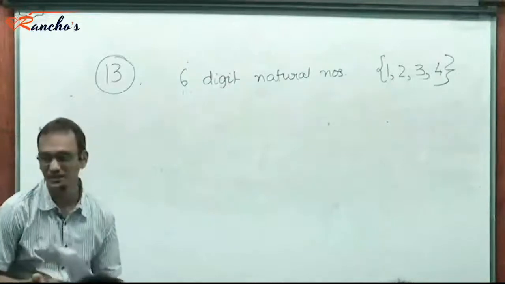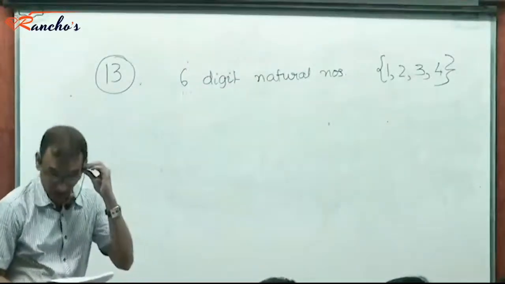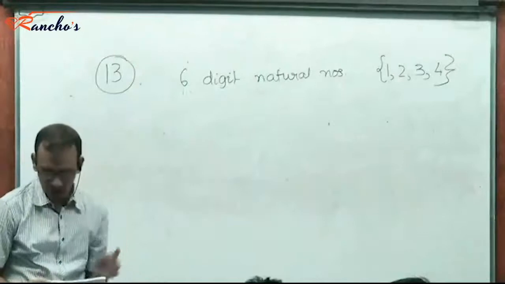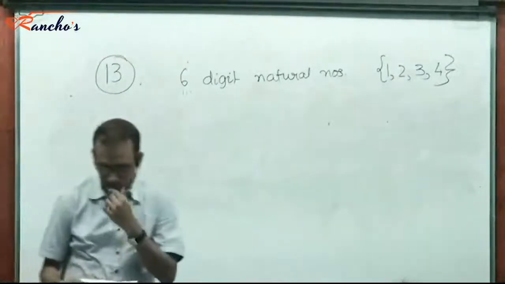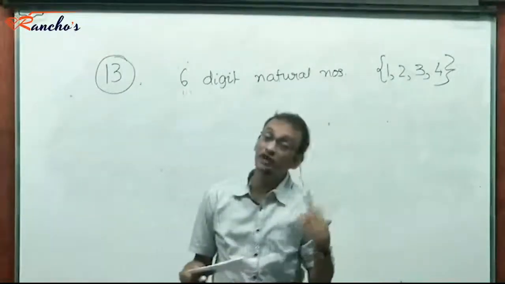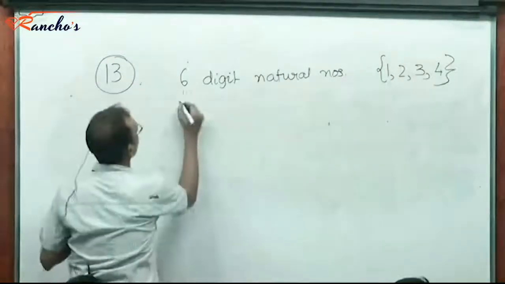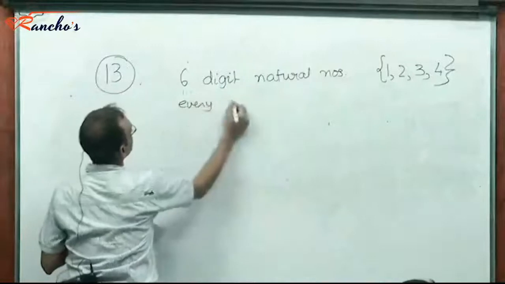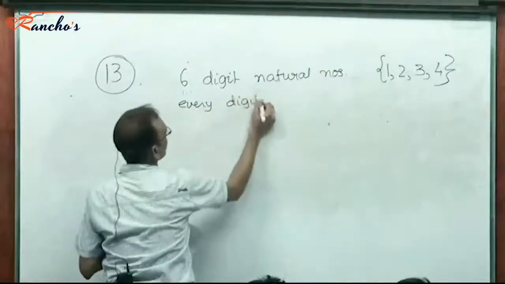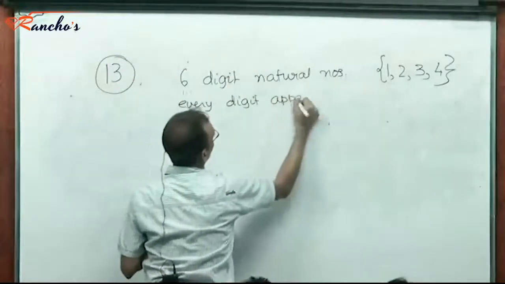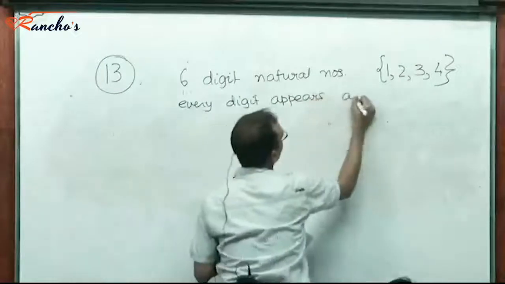Obviously, then repetition would be the call, right? And now, even for repetition, there is a clause here that every digit has to appear at least once.